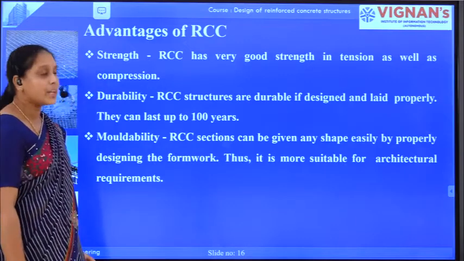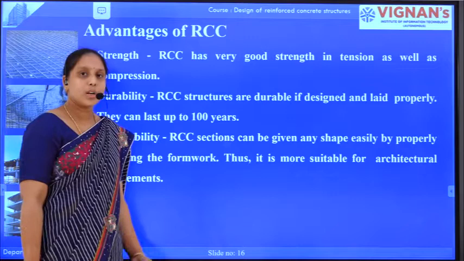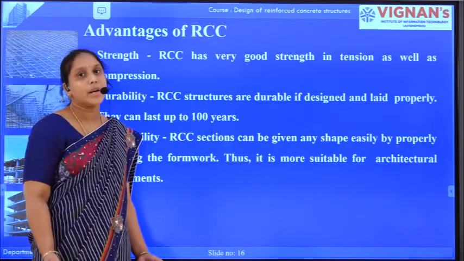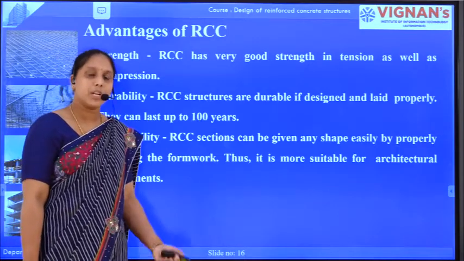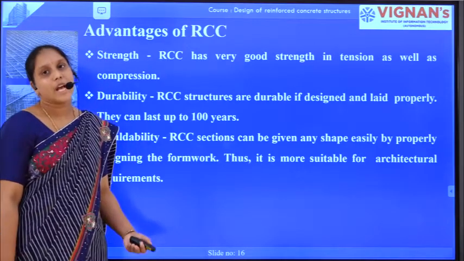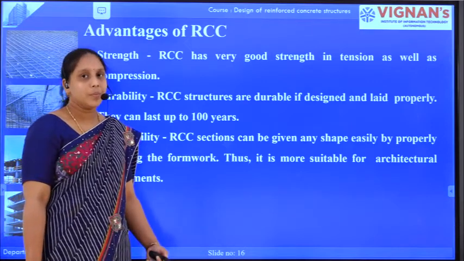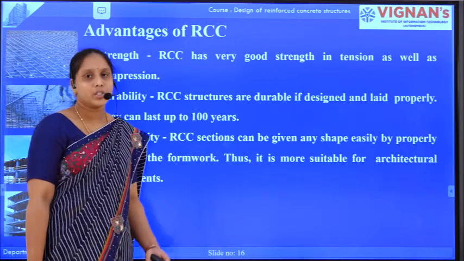The next advantage is moldability. Moldability in the sense is what? You can mold the reinforced cement concrete in any desired shape you want, if that particular formwork is available. You have to make the formwork as per the shape which is required, and to that shape you can get the reinforced cement concrete structure.